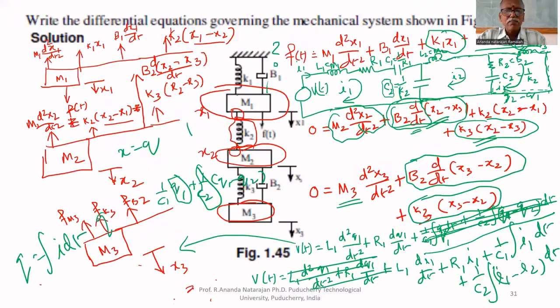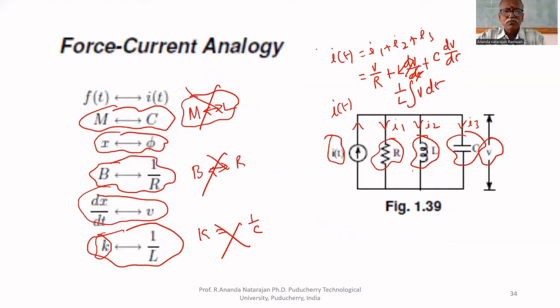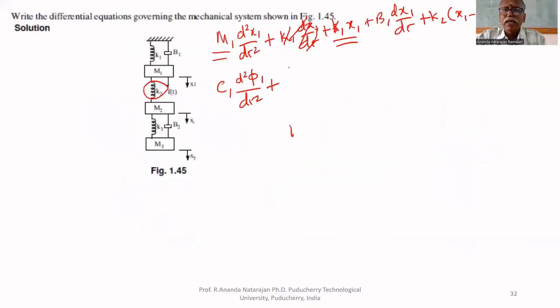What do we do for K? 1 by L. So we put 1 by L1 phi 1 plus B, which is 1 by R1, d phi 1 by dt, plus K2 replaced by 1 by L2 into phi 1 minus phi 2 equal to I of t.